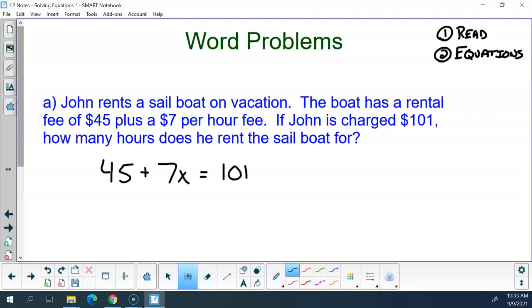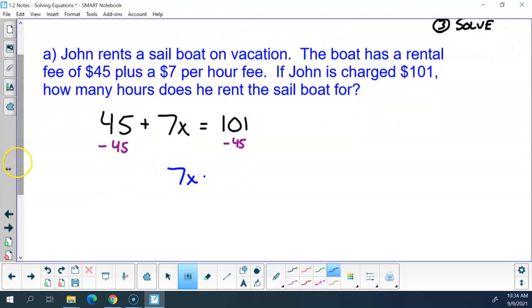Okay. Now we're going to solve. How do you want to solve it? Correct. 45 on both sides? Love it. $56?